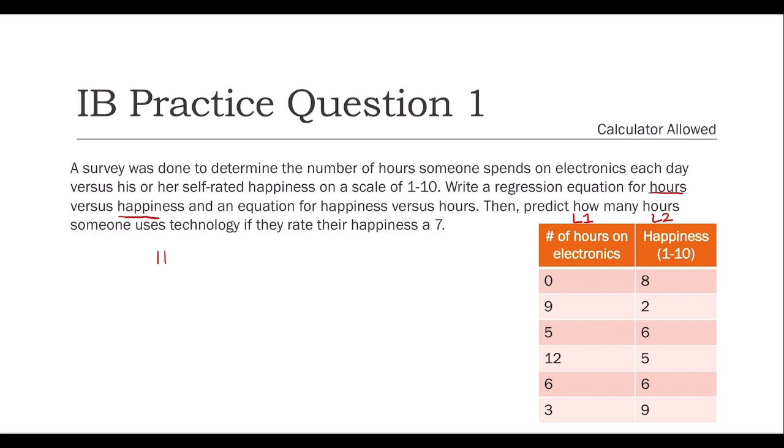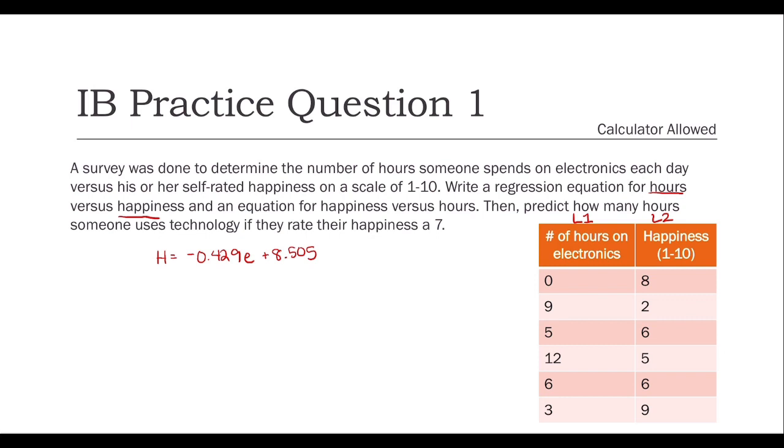So our happiness will equal negative 0.429 times the number of hours on electronics, plus 8.505. So we can find that under our linear regression when we use L1 for x and L2 for y.